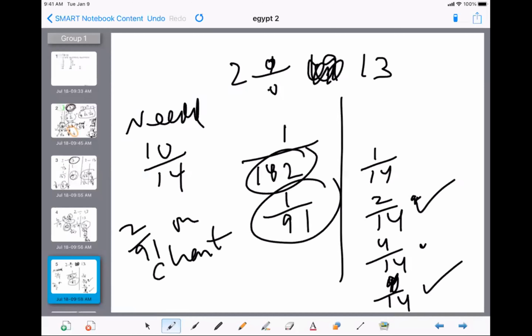I'm just going to say, 1 over something, 1 over something, 1 over something. That would be from the chart. And then I would have to double. Anyone have the 2 over n chart handy? Want to say what 2 over 91 became?